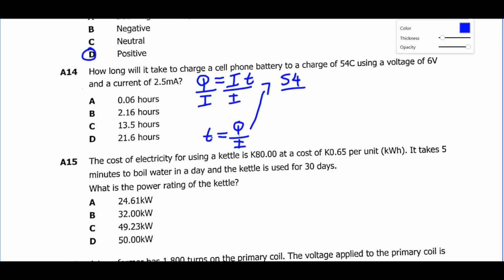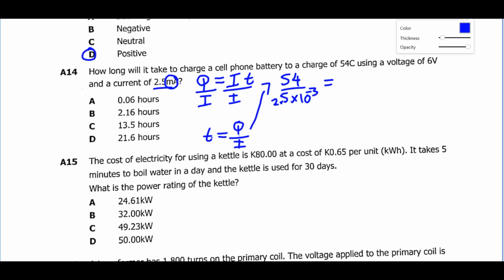The current 2.5 is in milliamps, so we need to change to amps. So milli simply means one thousandth, so we divide by 1000, which is 10 raised to the power negative 3.